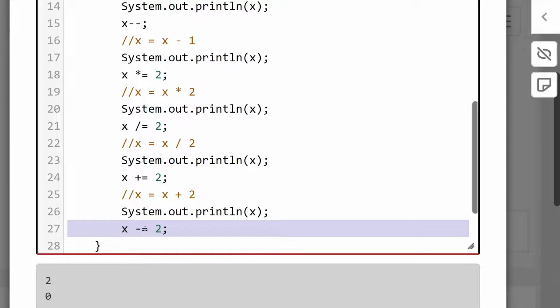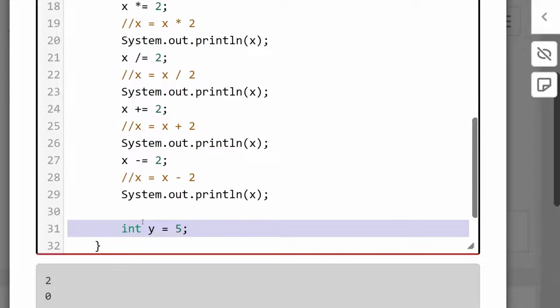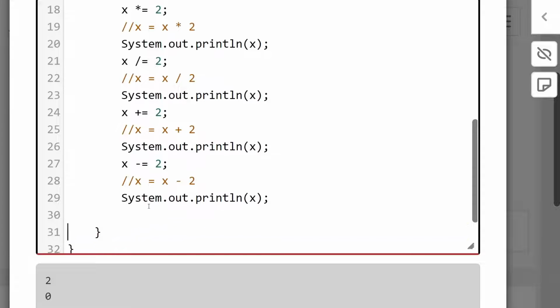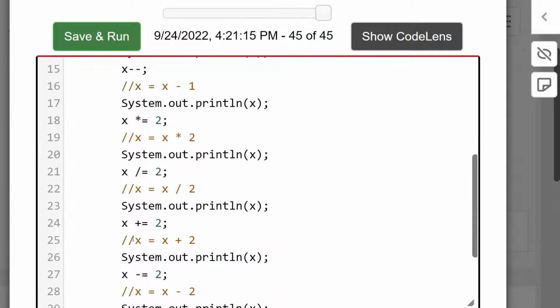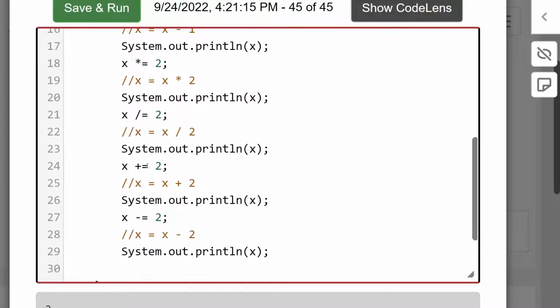And you can also do, if, for example, you don't want to just add 1 or subtract 1, you can do the exact same thing as the multiply equal and the divide equal with a plus equal and a minus equal. So all this is saying is, take the current value of x and then add 2 to that value, and then set x to equal whatever the value of that expression is.